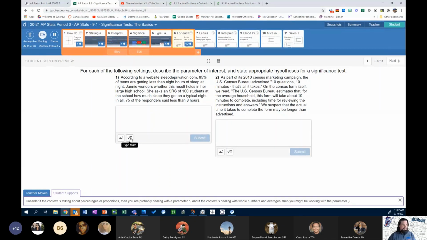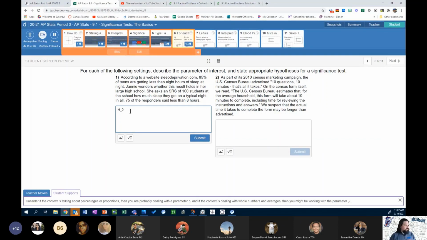You may also need to use this math type entry. The way to get the notations that we want here, for the null hypothesis, type capital H_0, right? And you get the underscore by saying shift and the dash sign to the right of the 0.